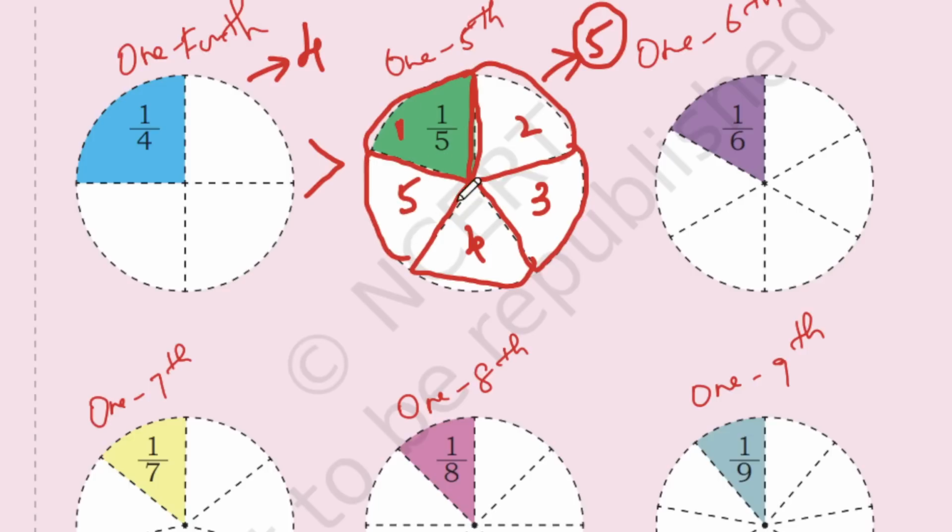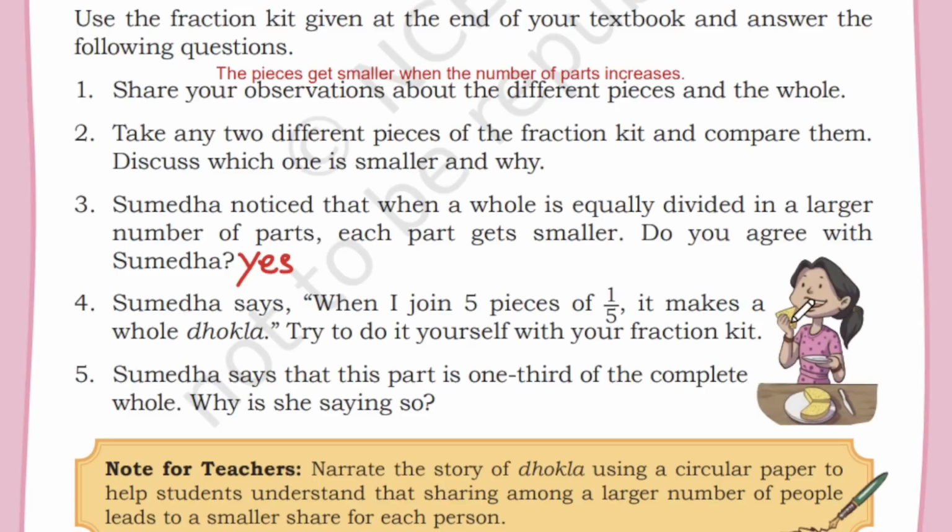So how many pieces of 1 by 5 are required? We need 5 pieces. Sumedha says, when I join 5 pieces it makes a whole dokla. Yes, the answer is yes. And we did it with the fraction kit.